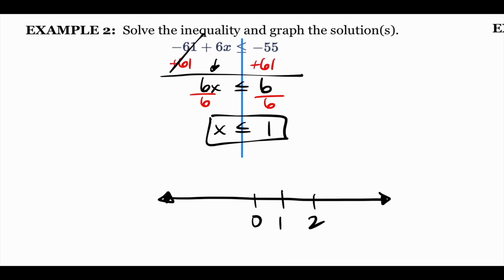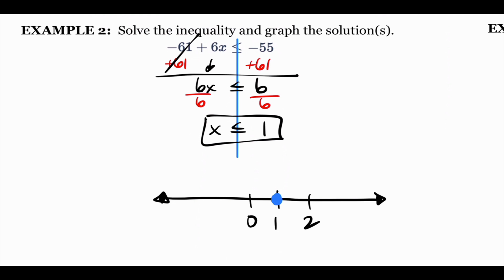That works. Open dot or closed? Closed again. Which way am I going to shade? The right means bigger, the left means less. Is X bigger than 1 or smaller than 1? Smaller than 1. So I'm going to shade to the left this time.